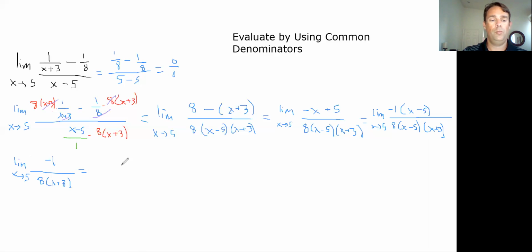So plug our 5 in there, we get -1 over 8 times 5 plus 3, that was an ugly 3 there. That would be 8 there. So it turns out this whole thing right here is going to be equal to a negative 1 over 64. And again, this is called evaluating by using common denominators.